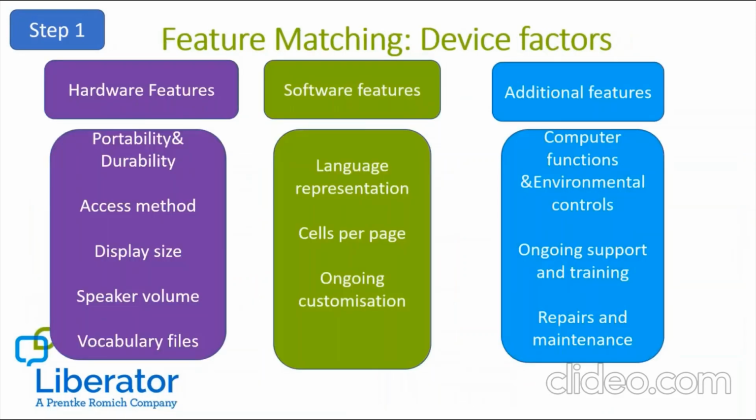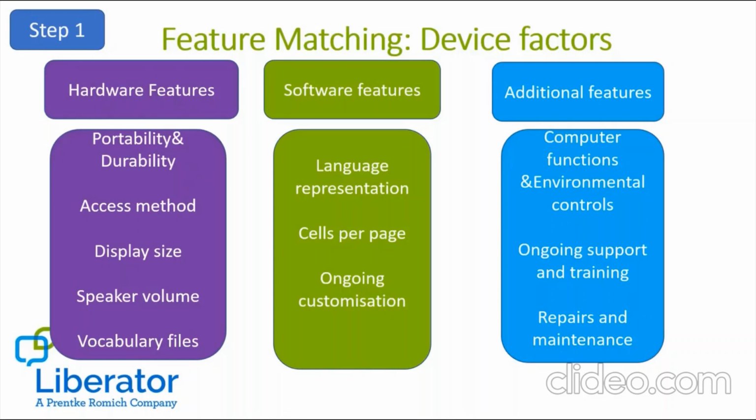So these are some features of a device that you'll need to be aware of when you're feature matching. Each device will come with different features, so you'll need to choose the appropriate device or devices that you would like to trial with your client. An example might be, from the user above with the degenerative condition, they might mention to you that one of their goals is that they'd like to be as independent as possible.